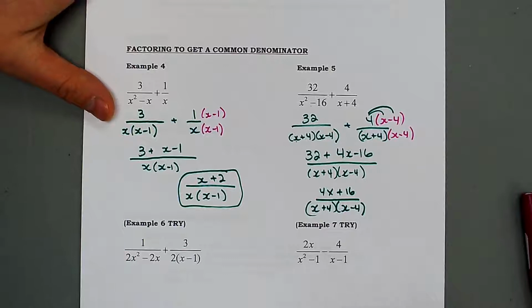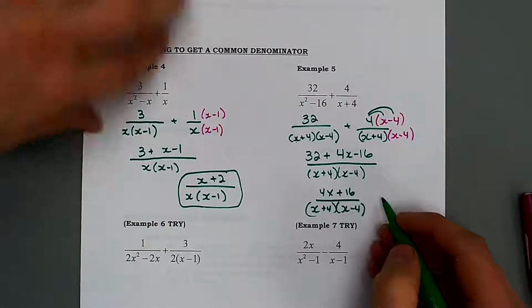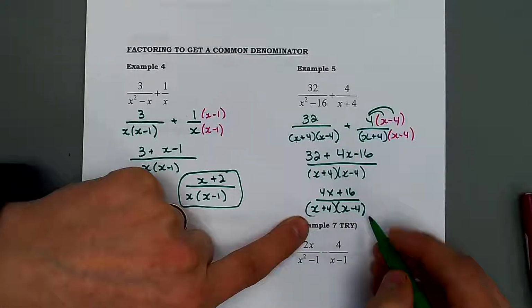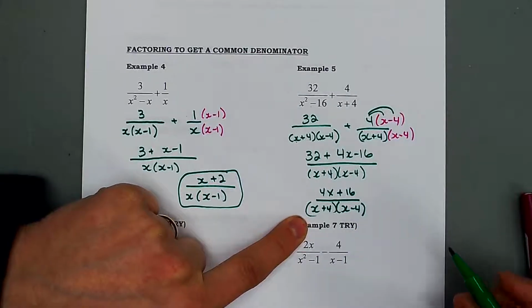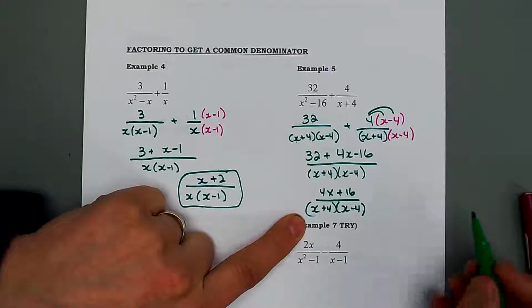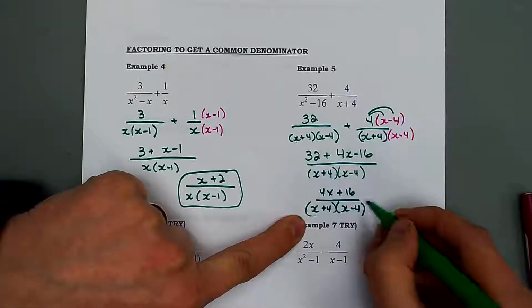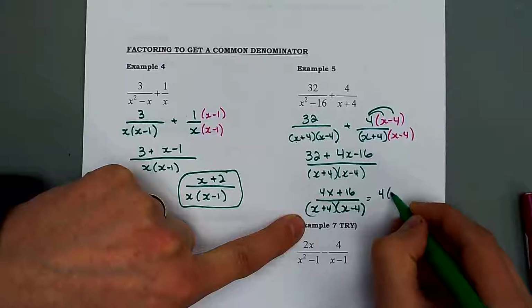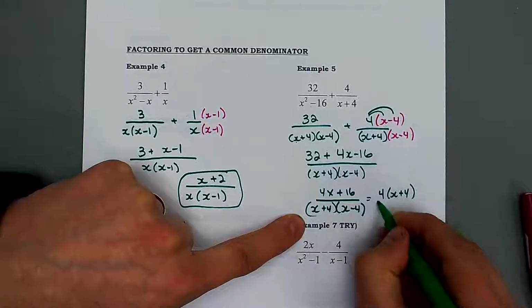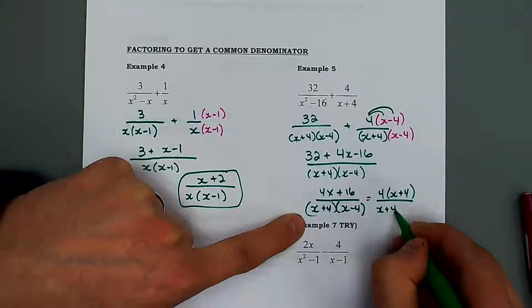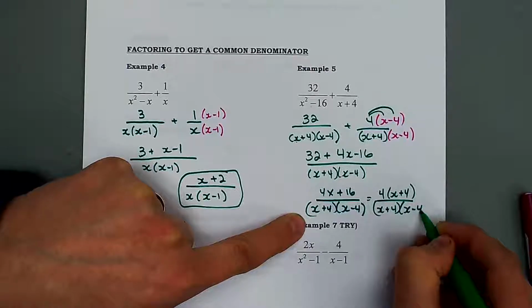It is actually quite rare, but it is possible that after you get to the very, very end, there is something that could cancel. Incredibly rare, but with a little bit of foresight, you might see, hey, if I take a 4 out of the top, I'm left with an x plus a 4, an x plus a 4, x minus a 4.